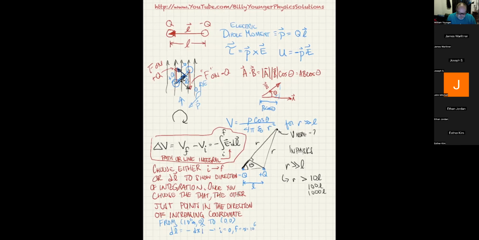In reality, we were actually going from 10 to the 6th to 0, but I had to put it in the positive coordinate direction because I'd already used the negative on the dl to decide which direction we're going. Any questions on that? We're getting ready to use it again because in chapter 24, we're going over capacitors.